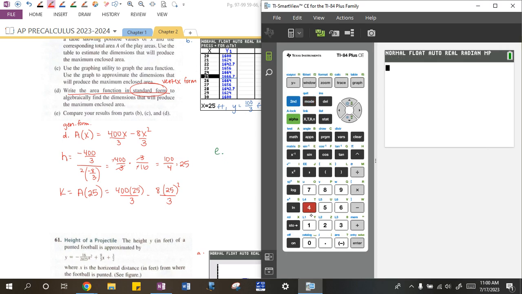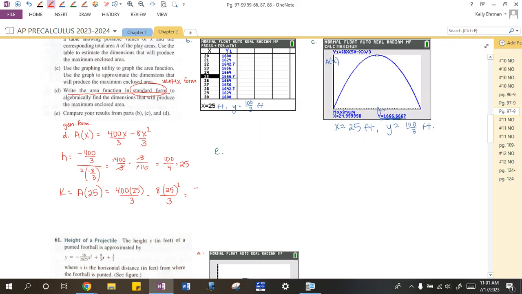I'll just hop on over here. They're both over 3. So 400 times 25 minus 8 times 25 squared. Get that answer because I didn't put parentheses around. Oh, and then divide by 3. So I'm just going to leave it as 5,000 over 3, which should be 1,666.6 repeating.